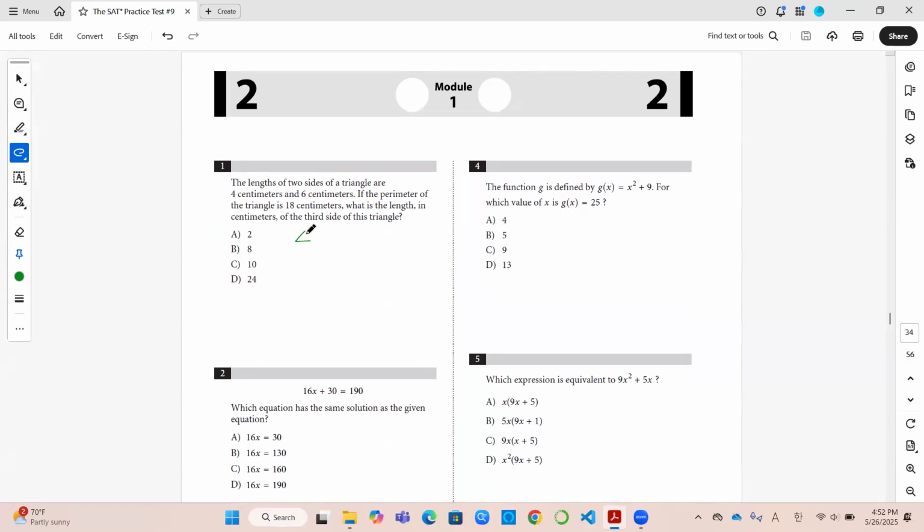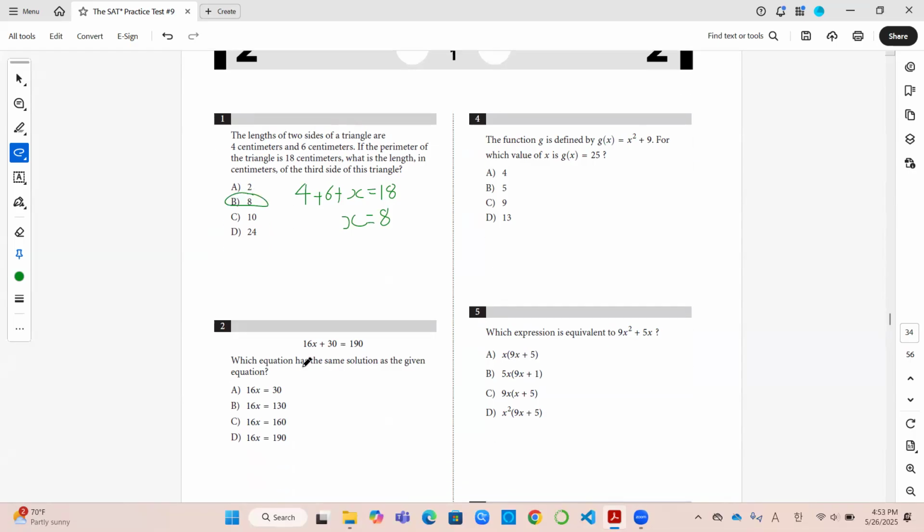So 4 plus 6 plus x is equal to 18. And obviously x is 8 if you solve for x. So the correct answer choice here is B as in boy.